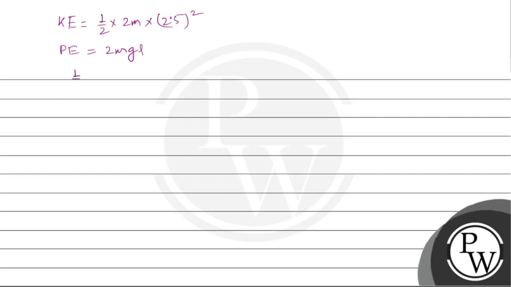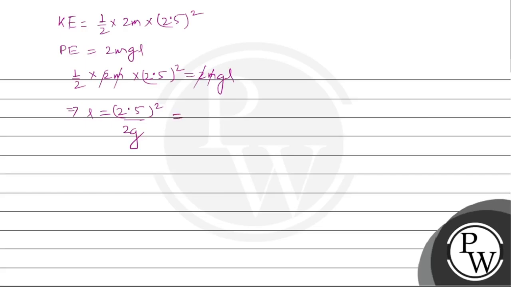So we can write half into 2m into 2.5 का square equals 2mgL. तो 2 दोनों साइड से कैंसिल आउट होगा, m भी कैंसिल आउट होगा, हमको मिलता है L equals 2.5 square by 2 into g, right?